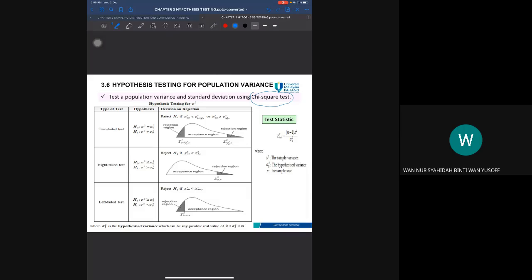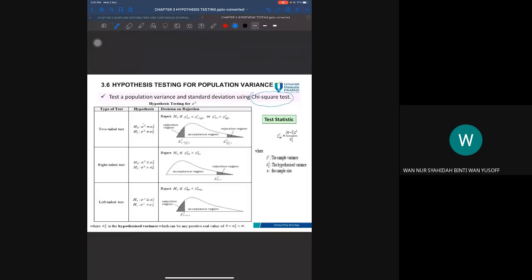If you are given the condition of the standard deviation, you can write your hypothesis as sigma. If you are given the condition of variance, then you can write your hypothesis as sigma square. Or sometimes you are given standard deviation, you can convert into variance, which is sigma square. As long as it is the parameter, sigma or sigma square.